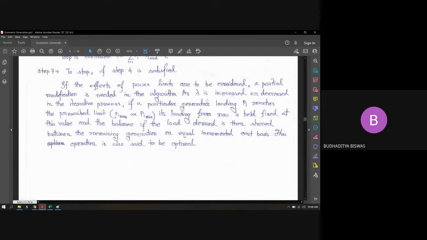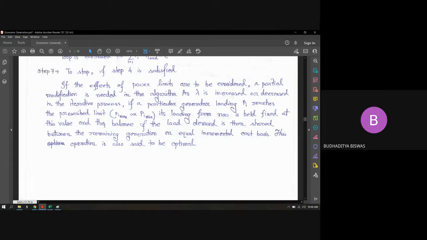As lambda is increased or decreased in this iterative process, if a particular generator loading Pi reaches the prescribed limit, maybe Pi max or Pi min, its loading from now is held fixed at this value. So by force, you have to fix that generator loading at the particular limit which it has already crossed.